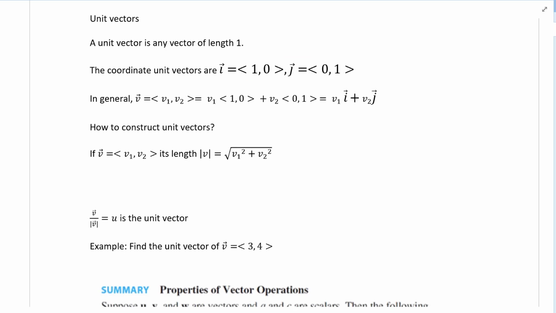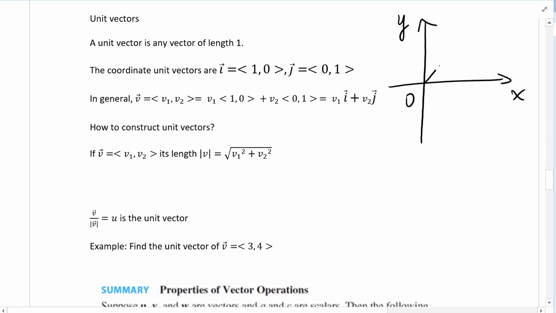Let's talk about unit vectors. A unit vector is any vector of length 1. If this is my coordinate plane, x, o, y, and this is 1 and this is 1, this vector is a unit vector. The coordinate unit vectors are i, which is 1, 0.